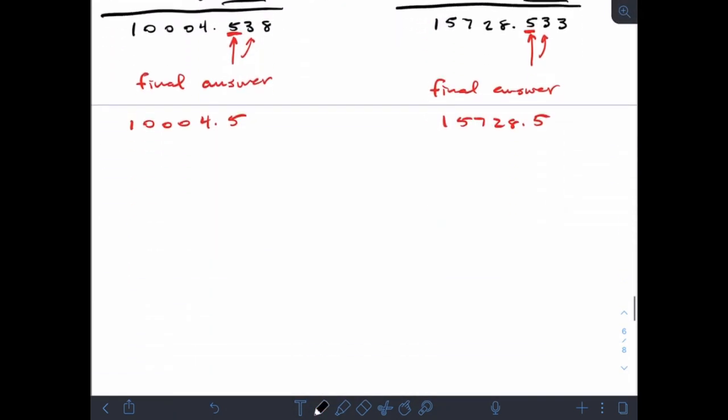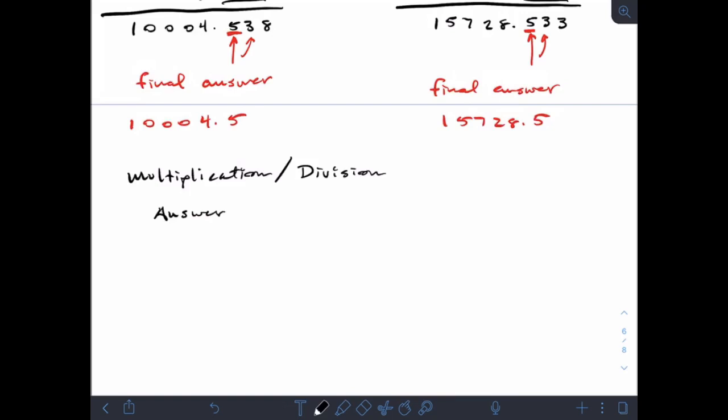So the other rule is concerned with multiplication division. And the rule for multiplication division is that the answer has the same sig figs as the fewest sig figs in the problem.